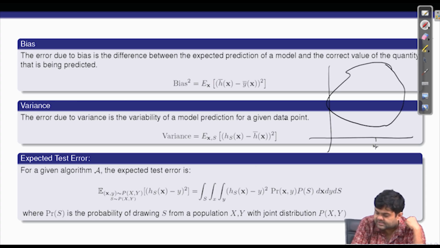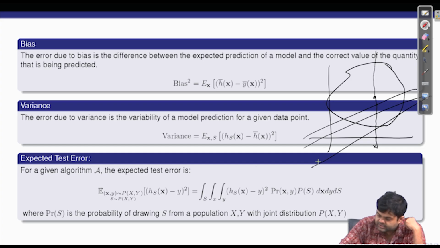This is your x. This is the average value for y. Now suppose rules are like this. This is one rule, this is another rule, this is another rule, this is another rule. So these are the predictions for those rules.